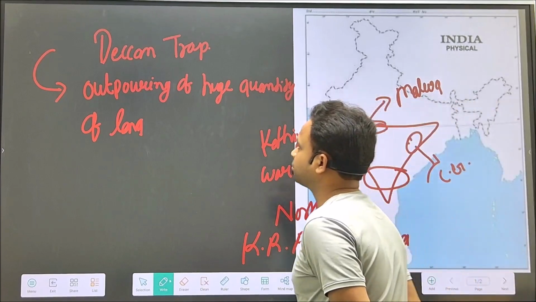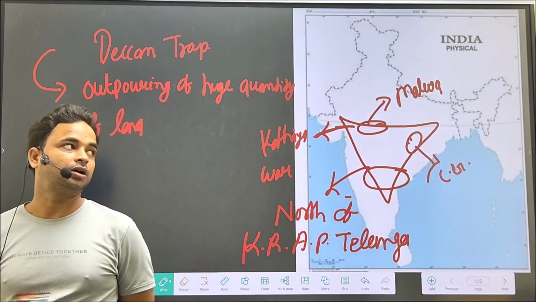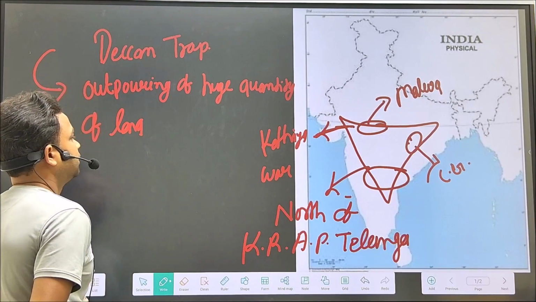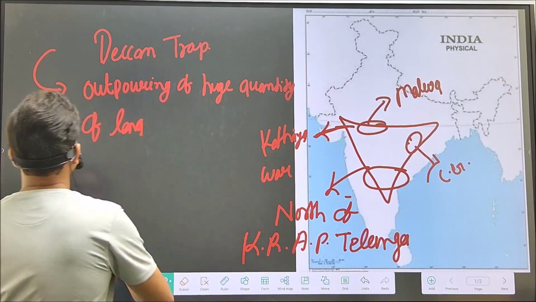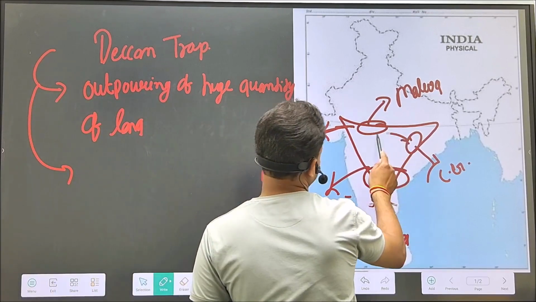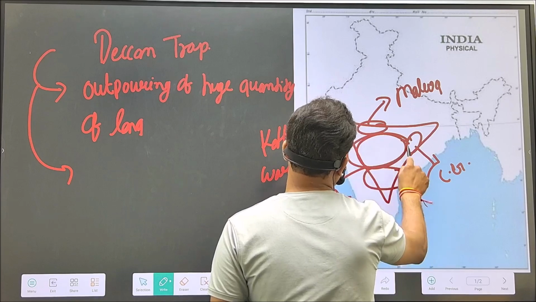So these are places where basaltic rock is distributed, and it is majorly found in Maharashtra.